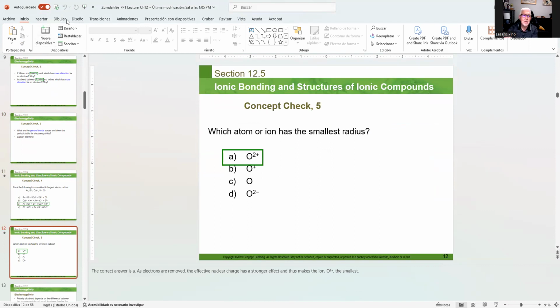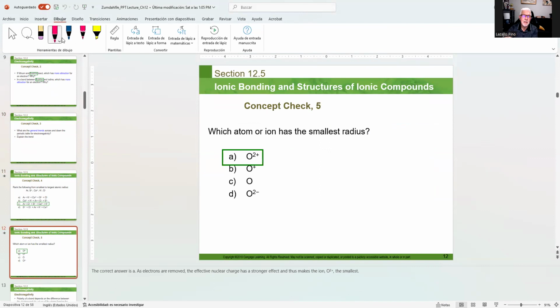Well, in this case, when the atoms lose electrons, they are smaller because they have fewer layers of electrons around the nucleus. That's what happens to oxygen plus 2.